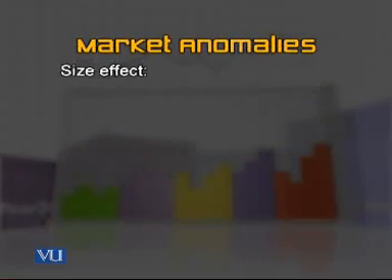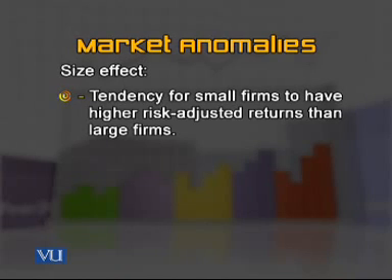We're talking about anomalies. How about the size of capitals, the capitalization? Does size matter? Does it have an effect on the efficiency? So, I'd like to add that there is a tendency for smaller capitalized firms to have higher risk-adjusted returns than larger firms, larger capitalized firms.